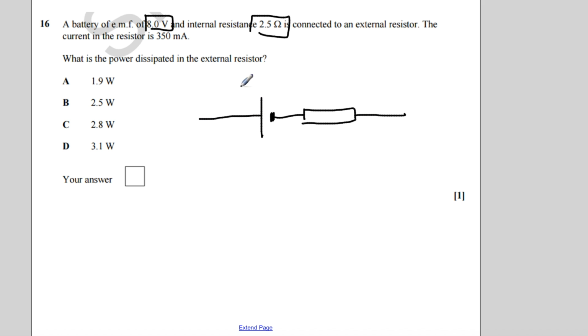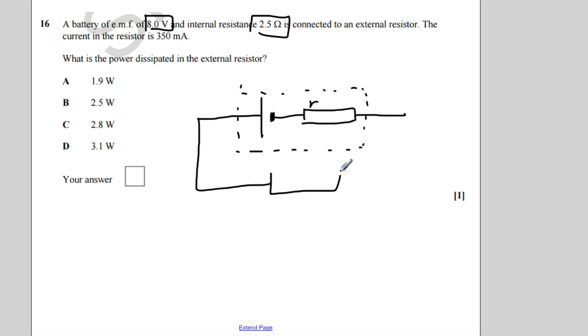The typical way that you'll see it represented is with the symbol for the battery here. This is the internal resistance, and you'll often see it with a little dotted line around it. And it's connected to an external resistor. So here's our external resistor.